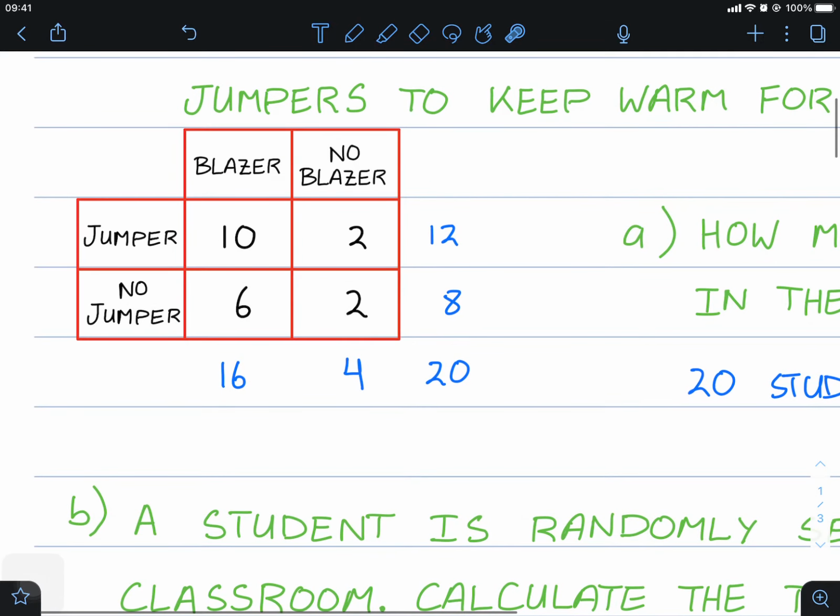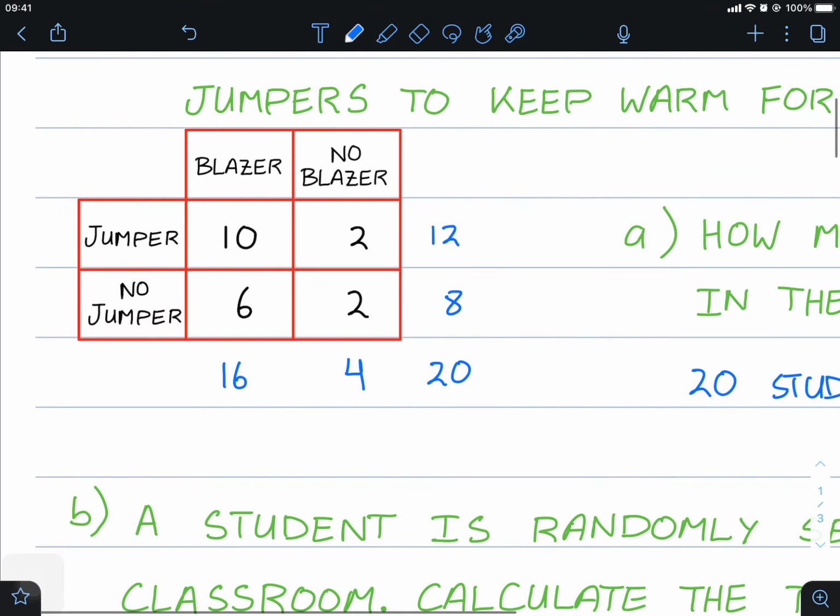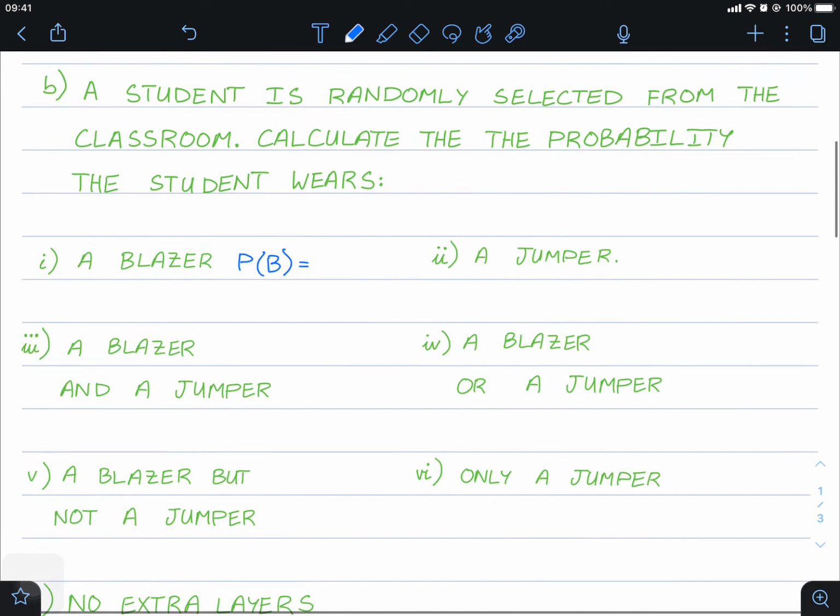So how many people fit this description? Well, just to clarify here, 10 people wear blazers and jumpers. 6 people wear blazers and no jumpers. So in total, there are 16 people out of 20 that wear blazers. So the probability of picking a person with a blazer is 16 out of 20.